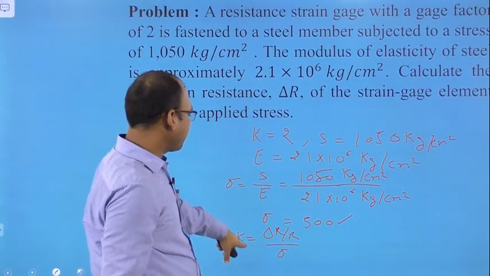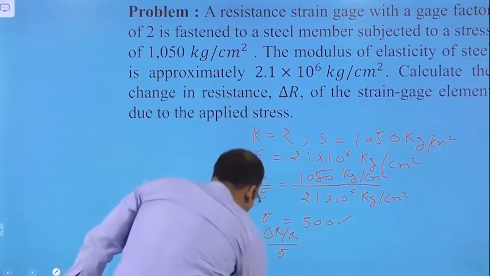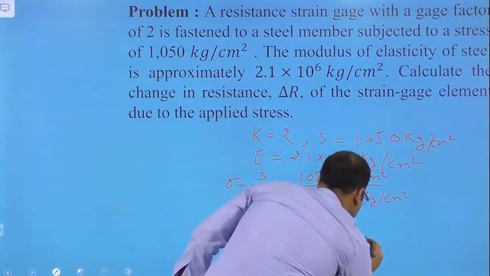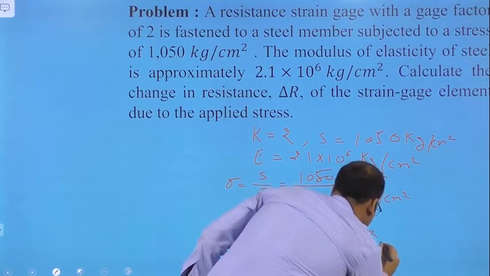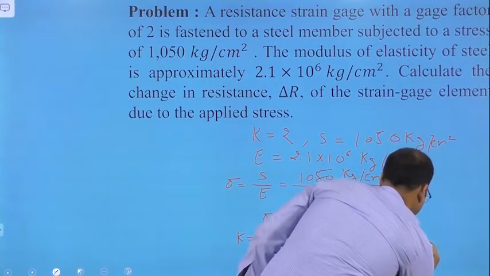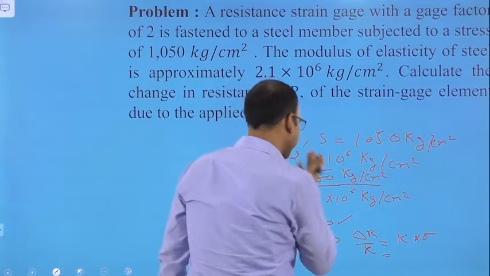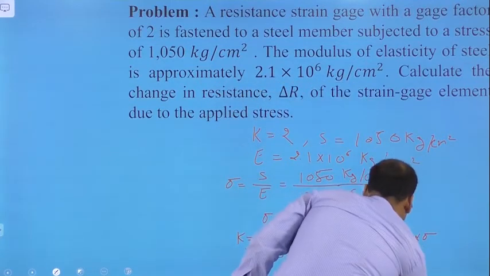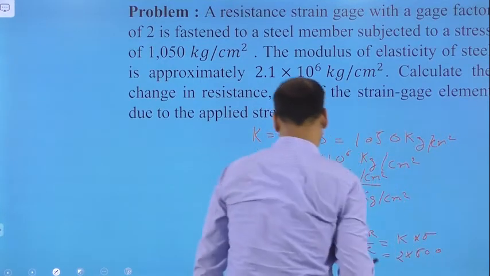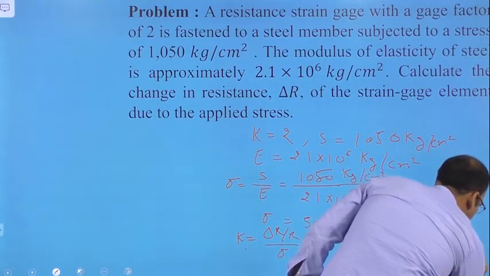So K we have given, sigma we have computed. So that means delta R by R is equal to K times sigma, that is equal to 2 into 500, right? So this is equal to 1000.